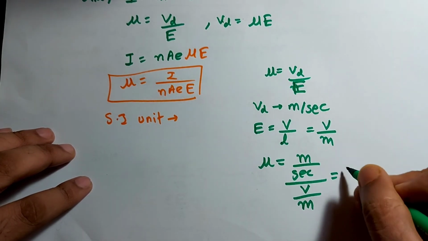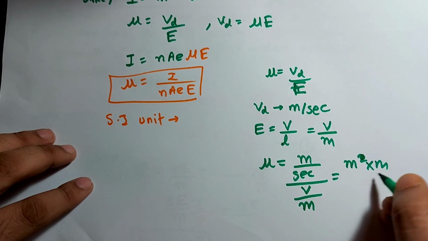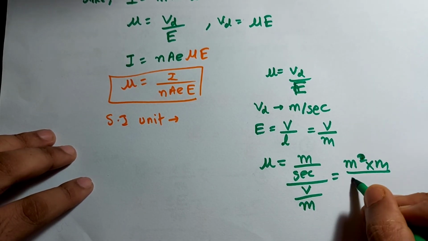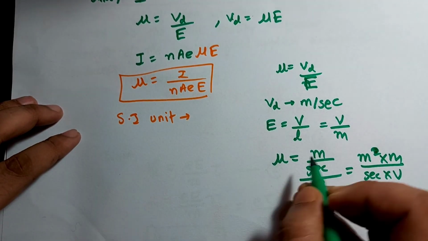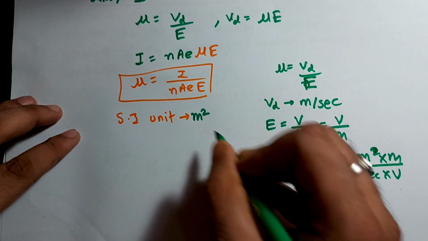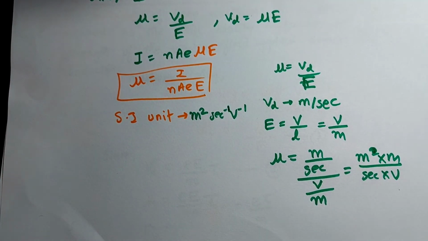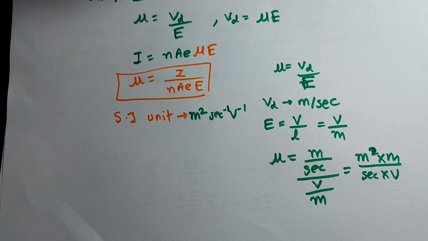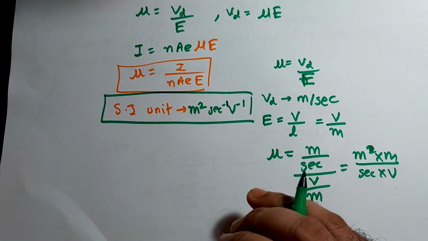Hence we have meter square, or meter into meter, that is meter square divided by second into volt, or we can say the SI unit to be meter square per second per volt. Hence the SI unit of mobility is meter square per second per volt. This is the SI unit for electron mobility. Clear?